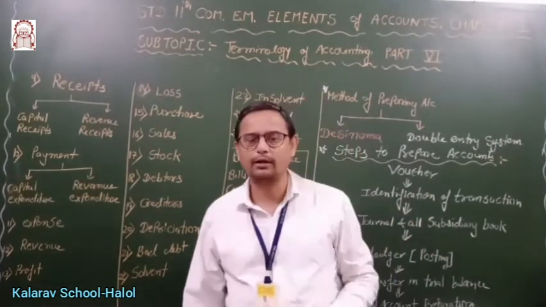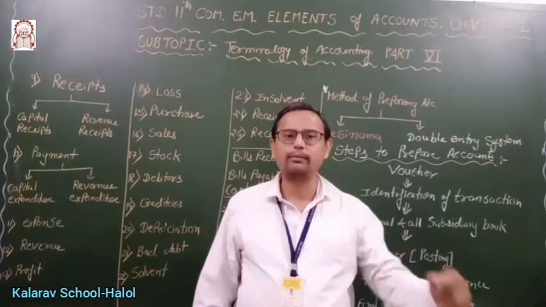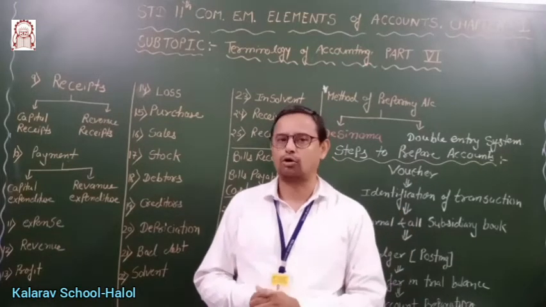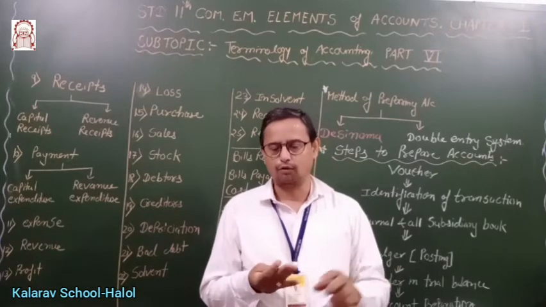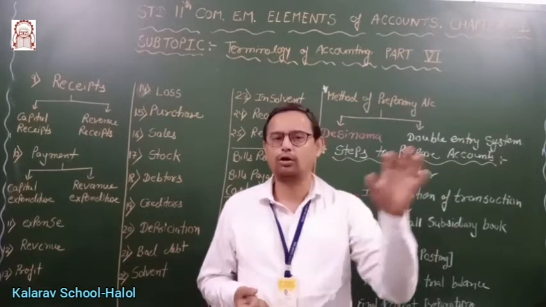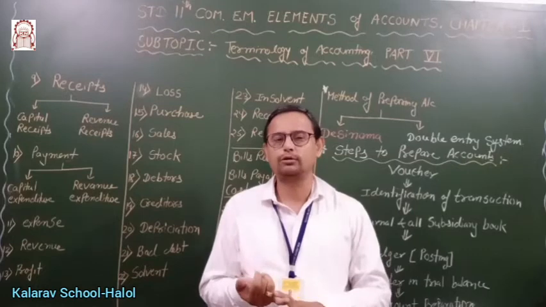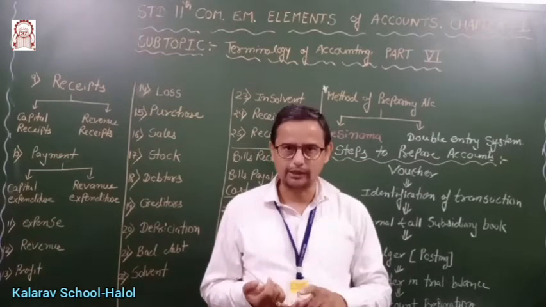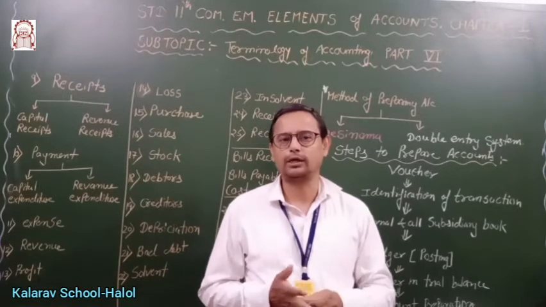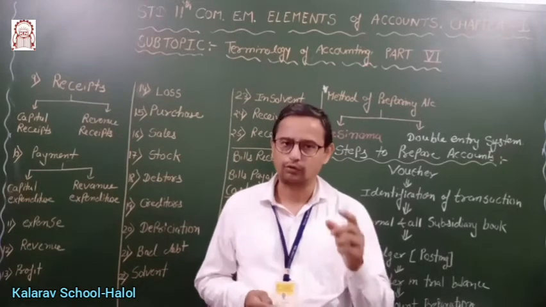And with the journal, other supporting books are there, and those are called the subsidiary books, like for raw material or goods purchase: the purchase book, sales book, purchase return book, sales return book. This type of books are related to purchase of goods.